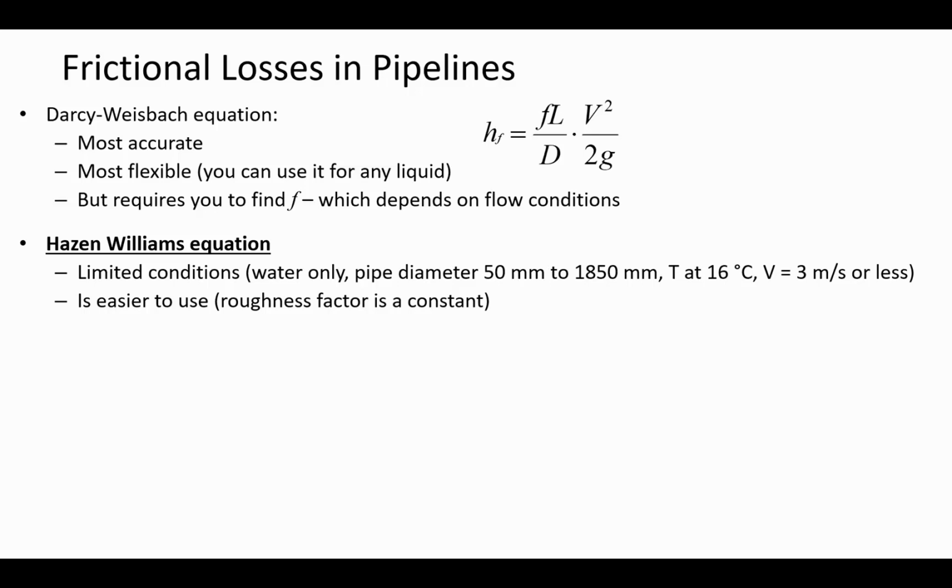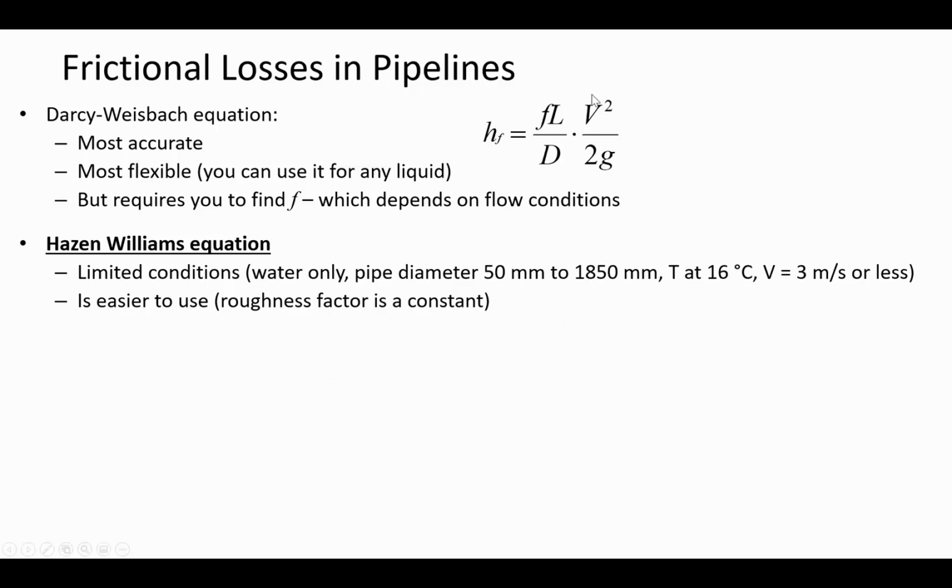And so you'd be losing pressure so quickly through a pipe of that size, it wouldn't be common for it to be intentionally flowing at that speed for very long. It may be for just a brief moment when there's a peak flow, like let's say a fire in a certain area. You know, if the fire department is taking water out of a hydrant, they may be draining the pipe as quickly as water can flow through it, and maybe you will see 3 meters per second in that case. But the point is that Hazen-Williams is pretty good.